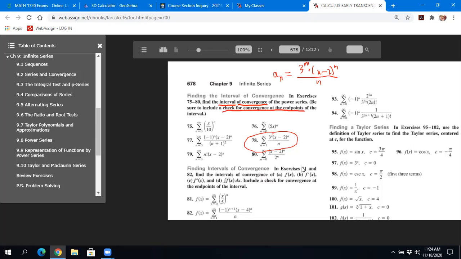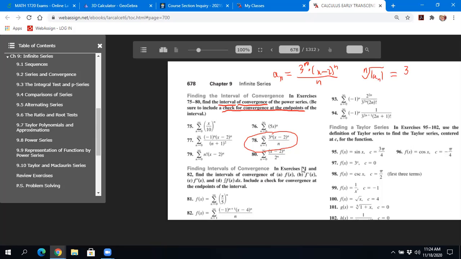Root? Okay. So if I take the nth root of the absolute value of a_n, that's going to be nice. Like the 3 to the n, that's just going to be what? 3. I take the nth root of (x minus 2) to the n in absolute value.